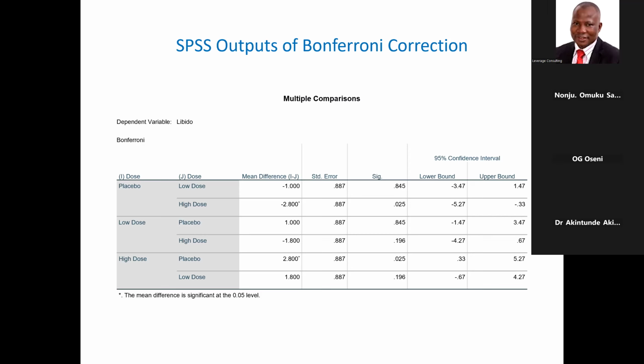If you are doing the first group, you pair it with each of the other 2 groups, and if you do it for each of them, that will be redundancy. So placebo versus low dose is the same as low dose versus placebo. Placebo versus high dose is the same as high dose versus placebo. Low dose and high dose is the same as high dose and low dose. Can you see now? The result will be the same, but that's just the way it is done. There will be redundancy.